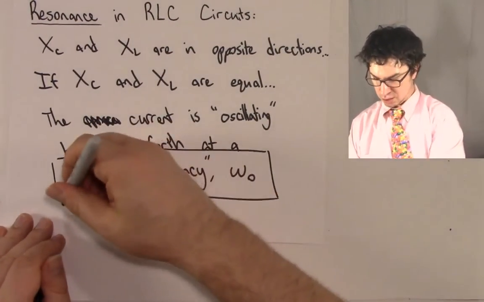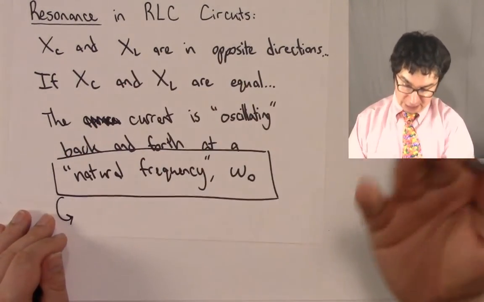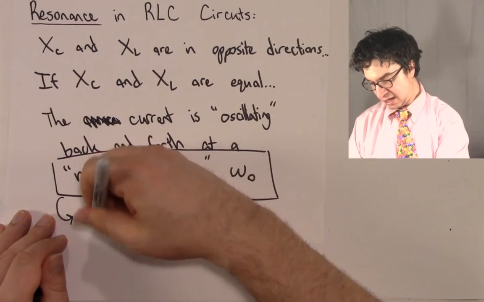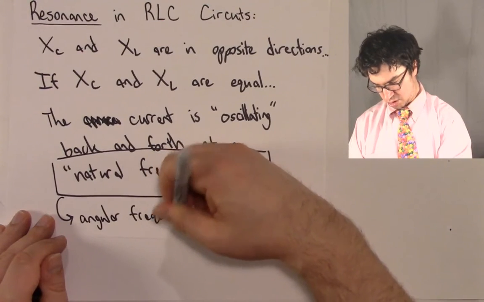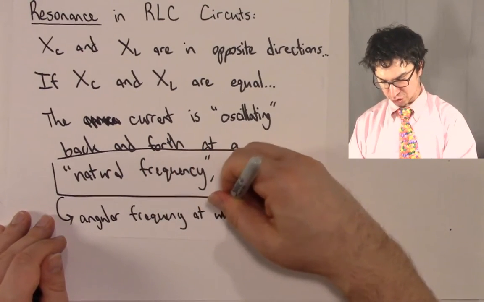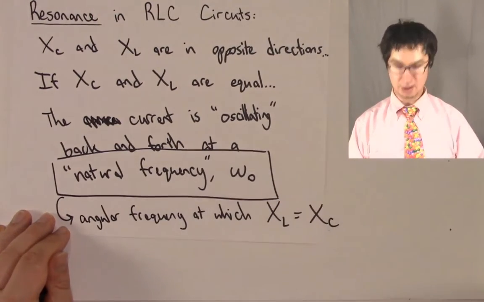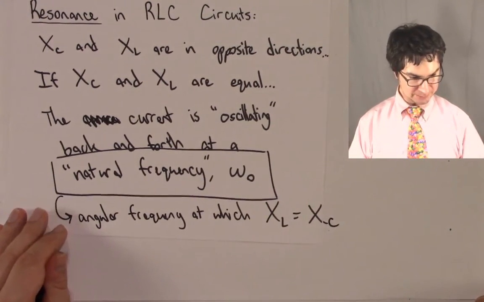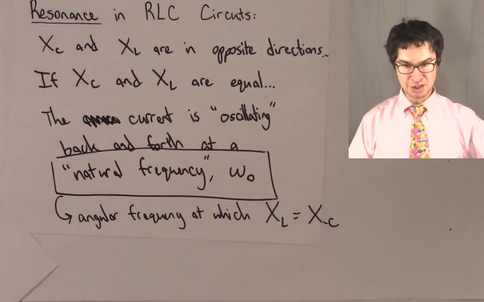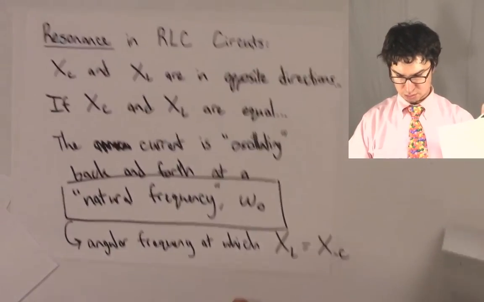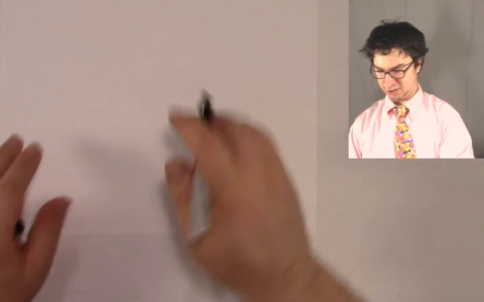This is the frequency, I should say the angular frequency, at which XL equals XC. Okay? So let's take this opportunity to look at the conditions for resonance.